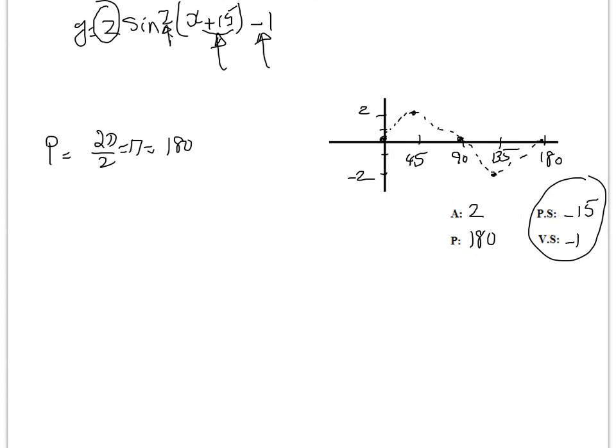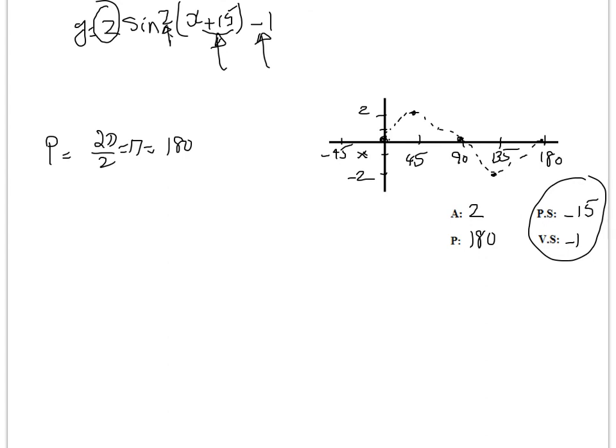So I start from this point, which is the origin, and then I go 15 degrees left and then 1 unit down. But remember that this one is 45, so this is going to be negative 45. So 15 is going to be 1/3 of this unit, and then 1 unit down is going to give me this point, which is shown with a cross.